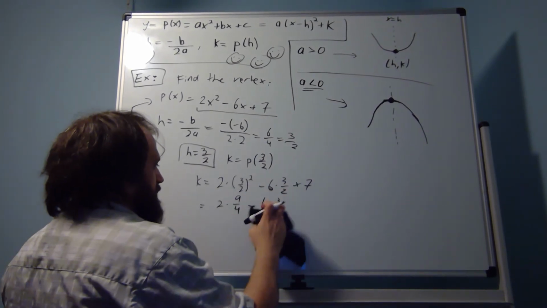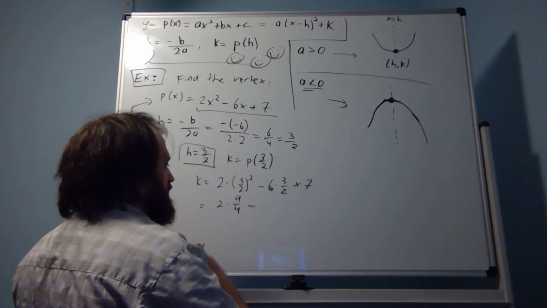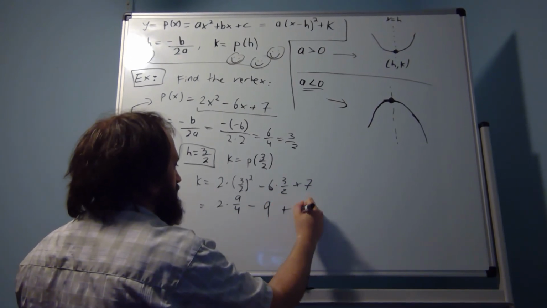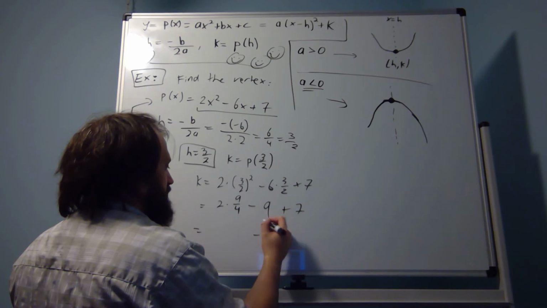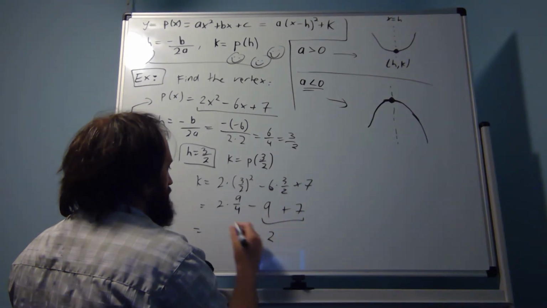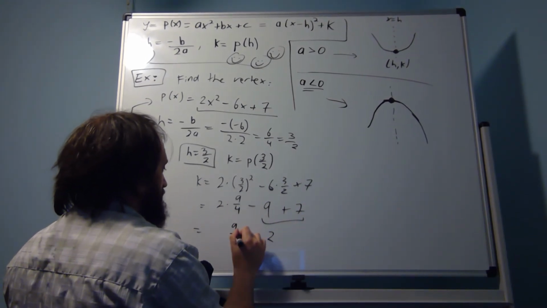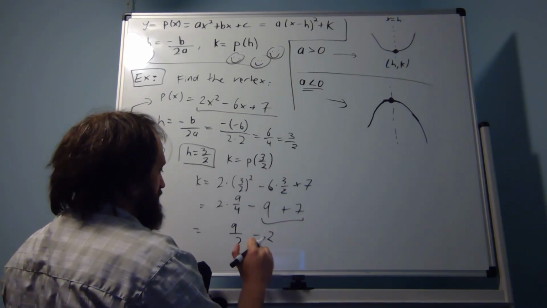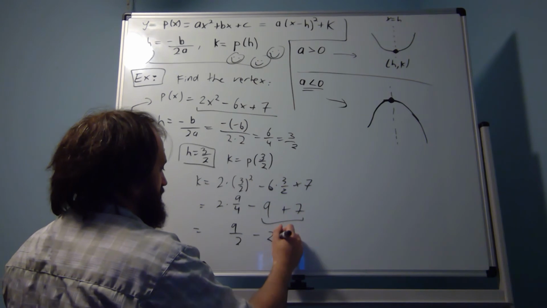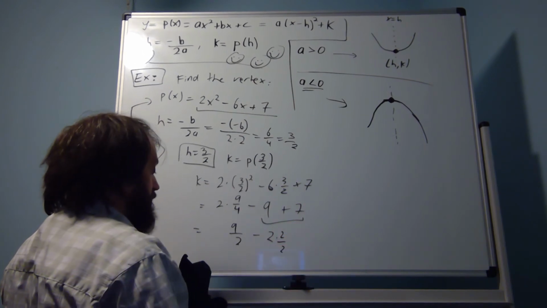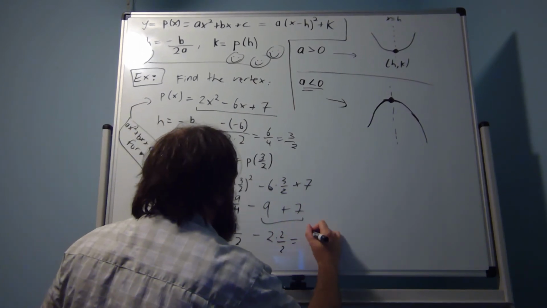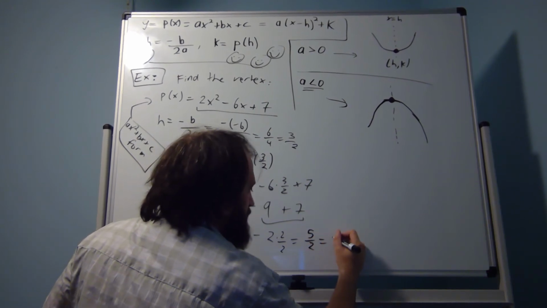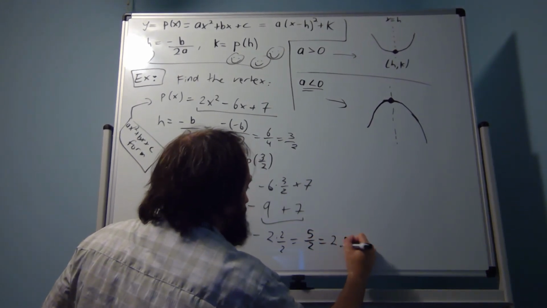Well, 6 times 3 halves is just negative 9. All right, so these two right here are just negative 2, but this is 9 halves minus 2. So that's like subtracting 4 halves, so that's positive 5 halves or 2.5, whichever you prefer.